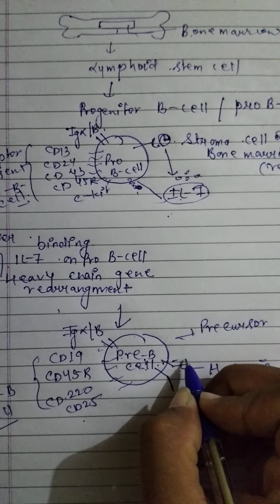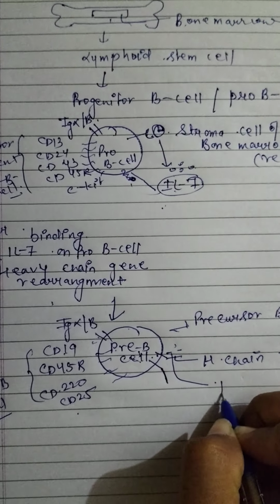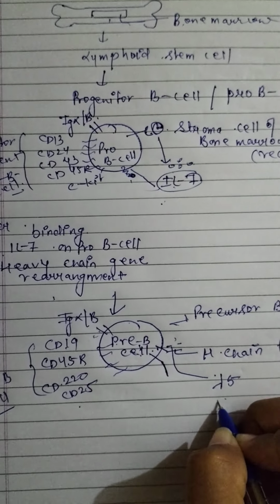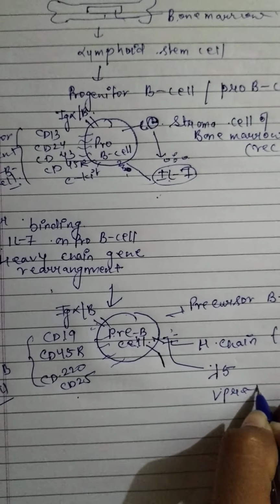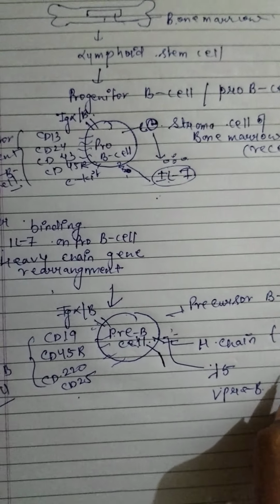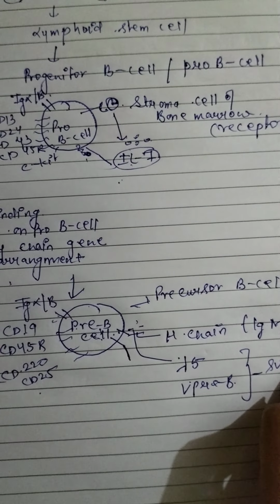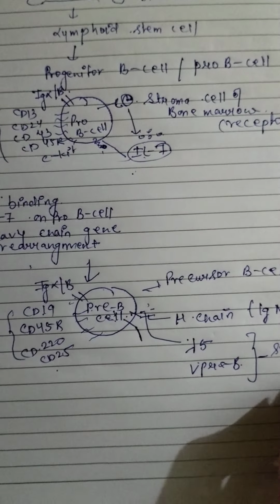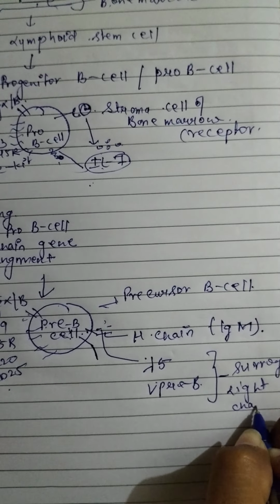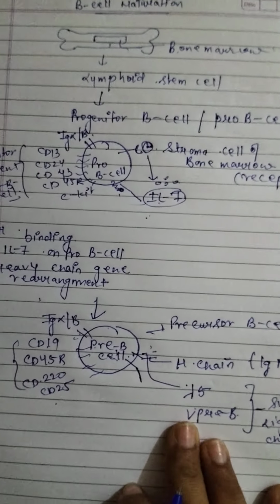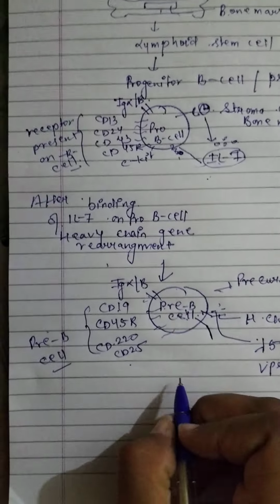And the surrogate chain, which you know as lambda 5 and V pre-B, checks whether a light chain is able to attach at this point or not.